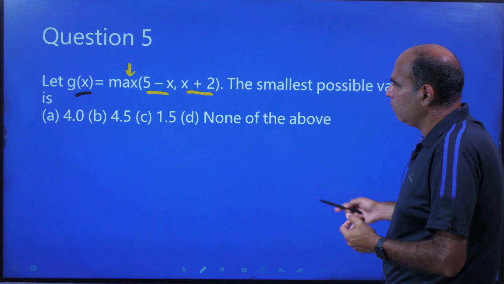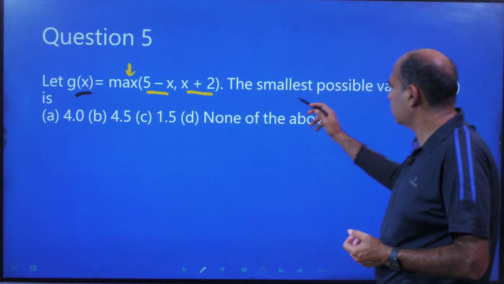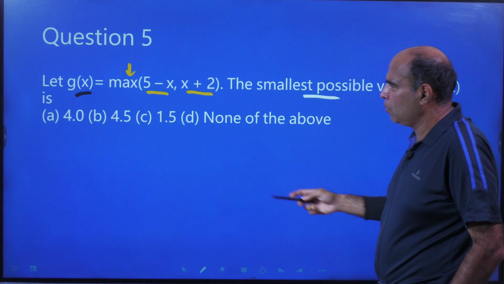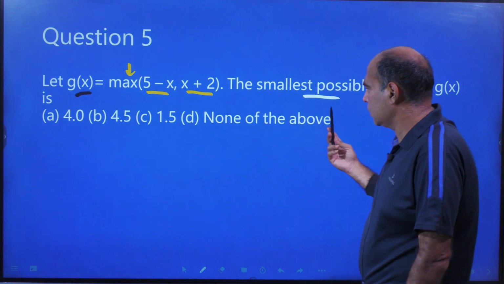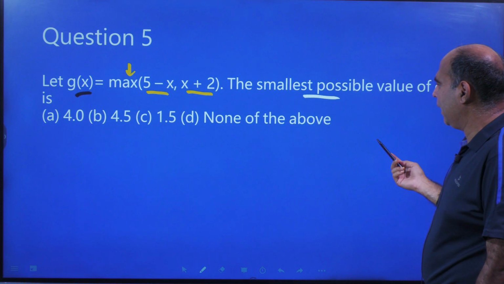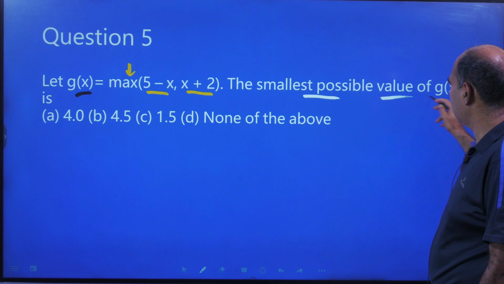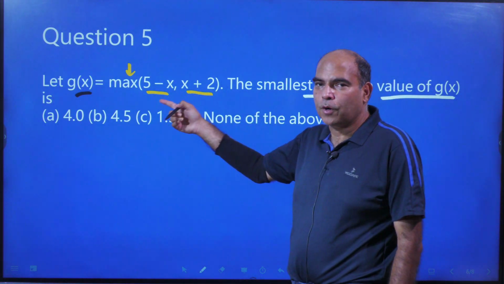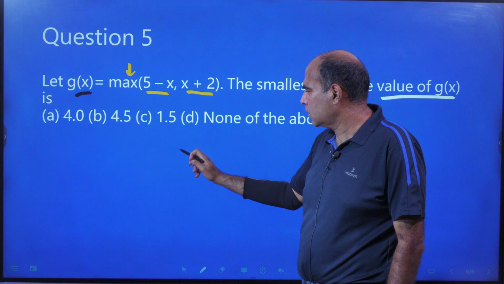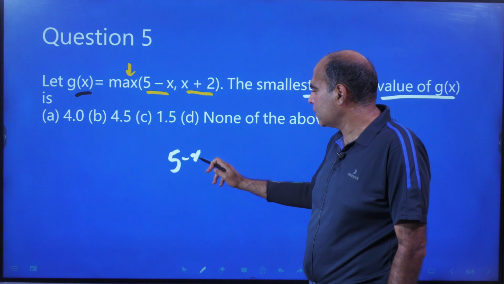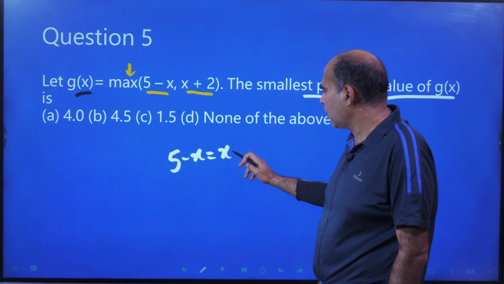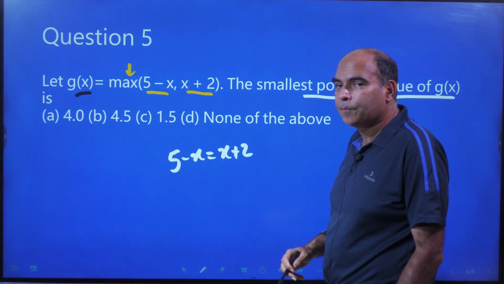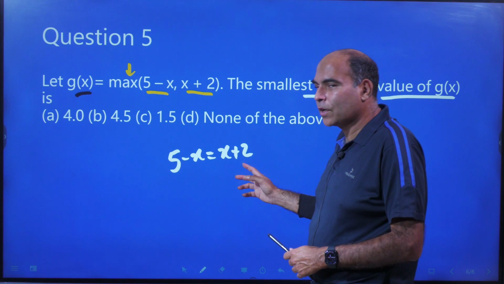Please remember, when they give you a max here, they'll ask you for the smallest. When they give you a min there, they'll ask you for the largest. So when you want to find the smallest possible value of g(x), what you have to do is find the intersection point of these two graphs, and this is how repetitive it starts becoming if you start picking up your understanding from questions. 5 minus x is equal to x plus 2.